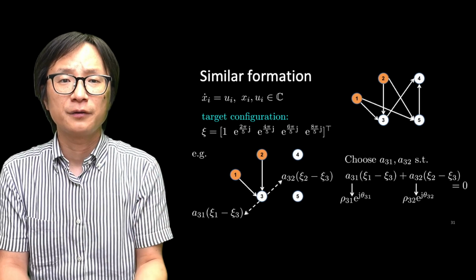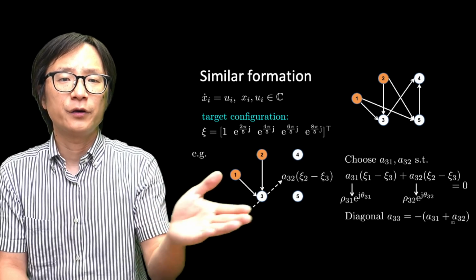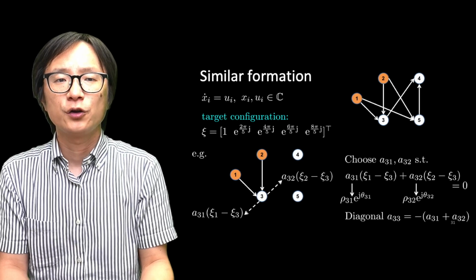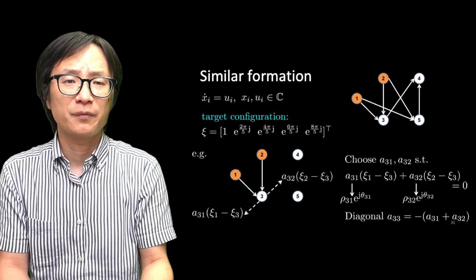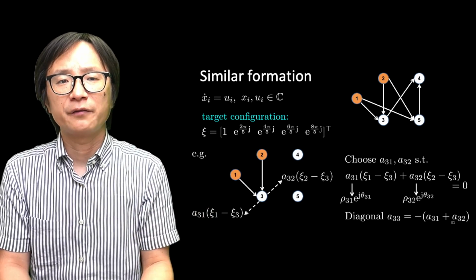And with two neighbors, obviously this is doable. And finally, we just set the diagonal entry of the complex Laplacian A33 to make the row sum, the third row, to be 0.